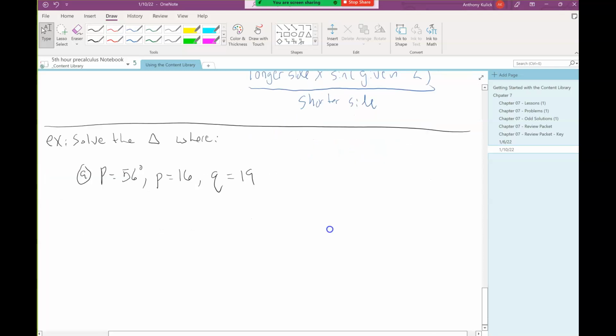Okay. So let's say we want to solve the triangle where angle P is 56, side P is 16, and side Q is 19. Well, if we have a side Q, we must have had an angle Q. And then I guess I need to pick a name for my other angle.